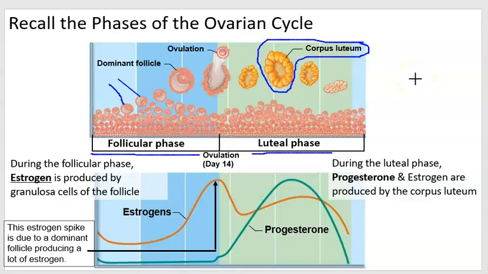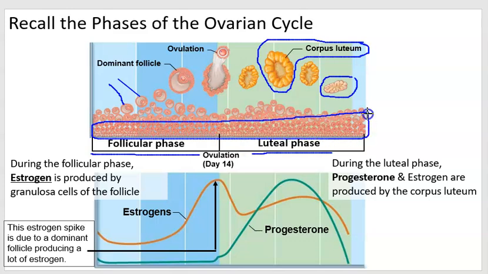And the corpus luteum might degenerate into the corpus albicans, or it might persist if pregnancy occurs. Of course, this doesn't just happen once in your lifetime, so the ovary still has tons of follicles and oocytes within those follicles that can be recruited the next month as well.